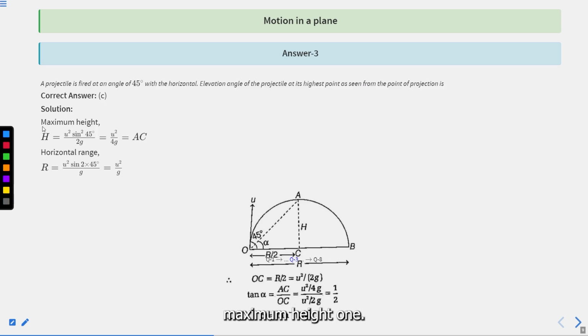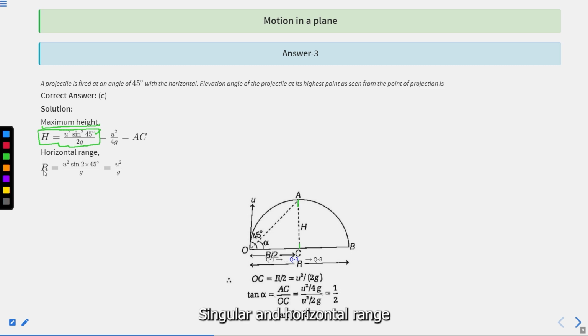Maximum height. We know the formula of maximum height. Clear? Where S equal to this. Angle is 45 degree, so maximum height is u square upon 4g, which is AC. Clear?